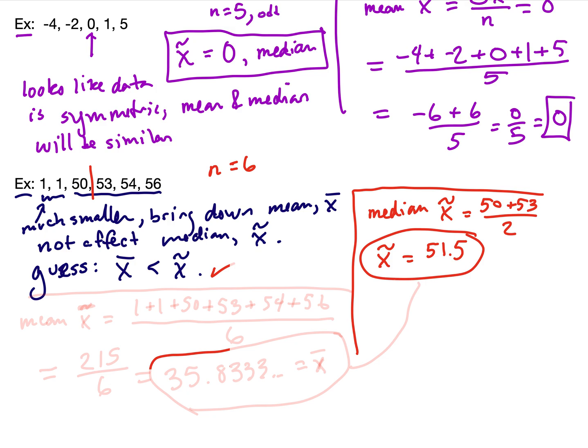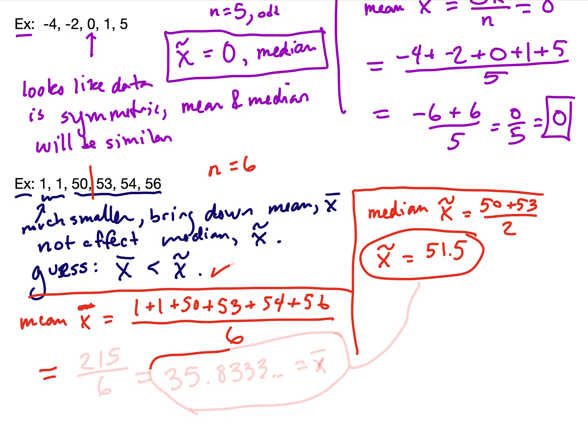What is the mean? So the mean x bar is equal to 1 plus 1 plus 50 plus 53 plus 54 plus 56, divided by the total number of data values. We can throw that into a calculator and find that value.